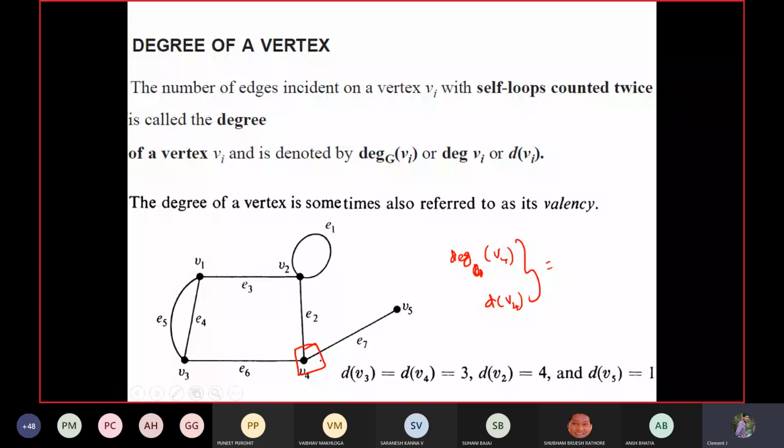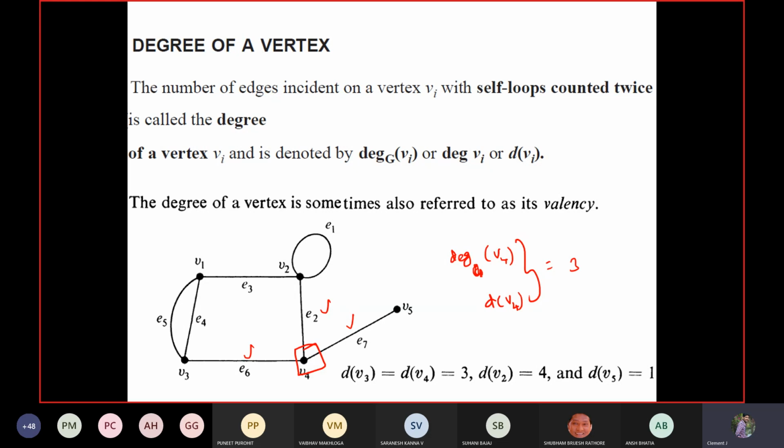You need to count and say the number. That is the degree of this vertex. See here, you can count. E7 is an incident edge to the vertex V4. E2 is also an incident edge. E6 is also an incident edge. So totally 3 is the degree of V4. The formal definition is that the number of incident edges to that particular vertex is called the degree of the vertex.